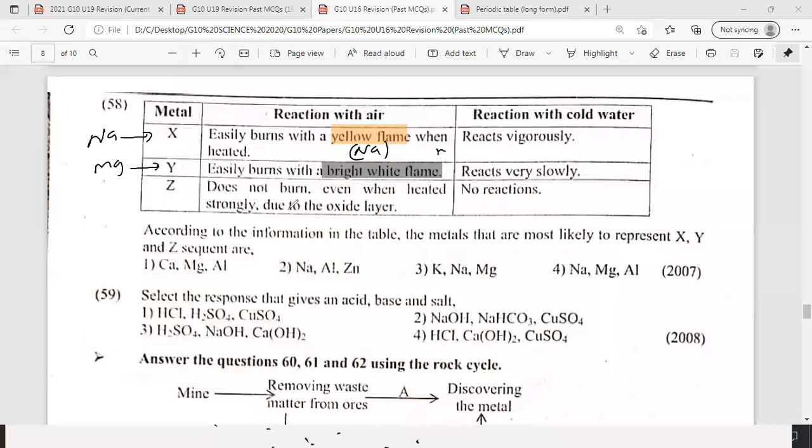Then next one: does not burn even when heated strongly, due to the oxide layer. That is aluminium, the best example. This is a very good application: cooking utensils, cooking pots in the kitchen, gas cooker, aluminium.